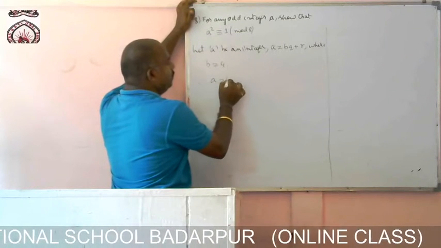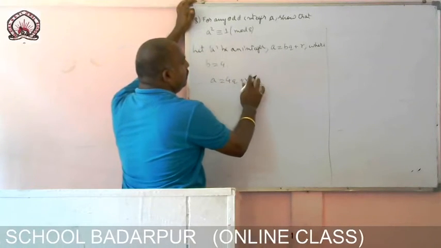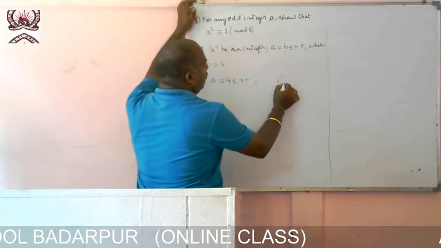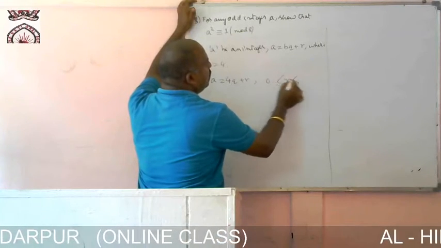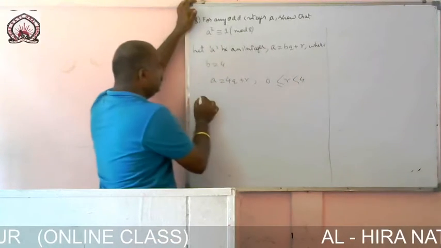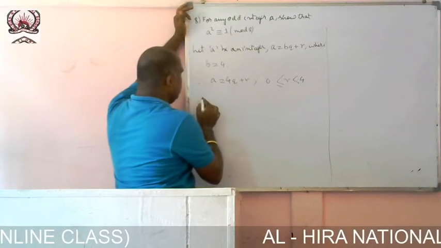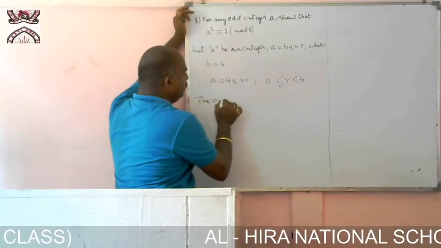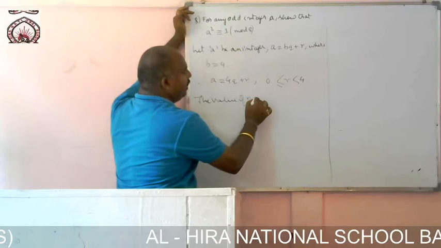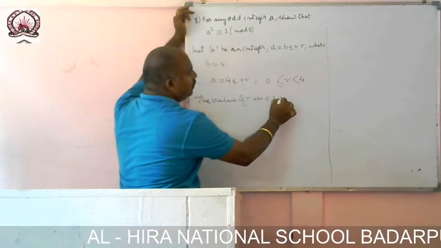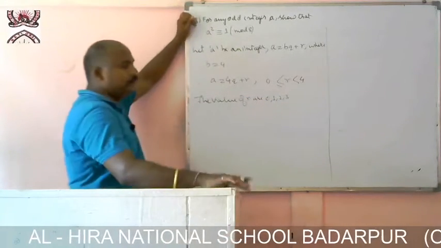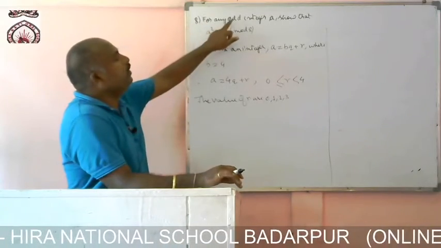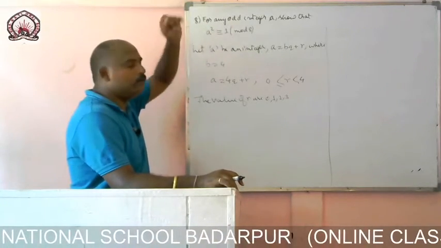Therefore, a equal to 4q plus r, and the values of r lie between 0 and 4. Therefore, the values of r are 0, 1, 2, 3. Now, for any odd integers, we have to find for only odd integers.